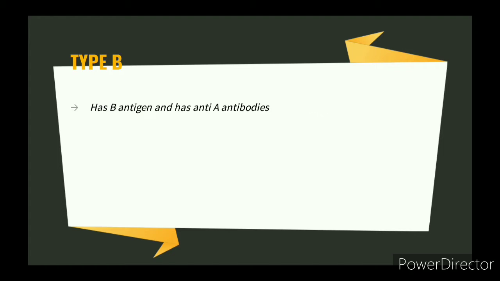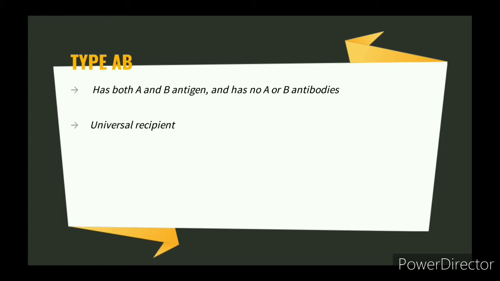Next, type B has B antigen and has anti-A antibodies. Pag sinabi natin type AB has both A and B antigen, has no A or B antibodies, and also called universal recipient. Pag sinabi natin ano daw po yung universal recipient, type AB.